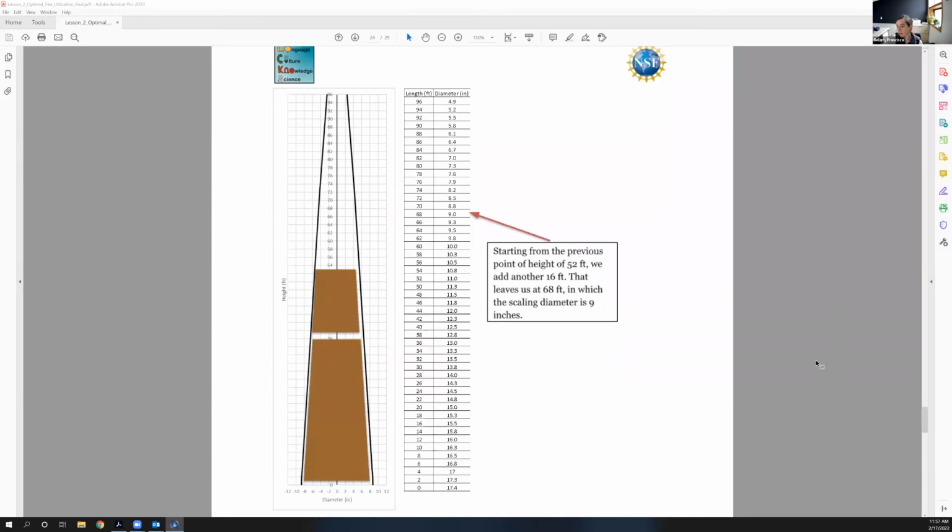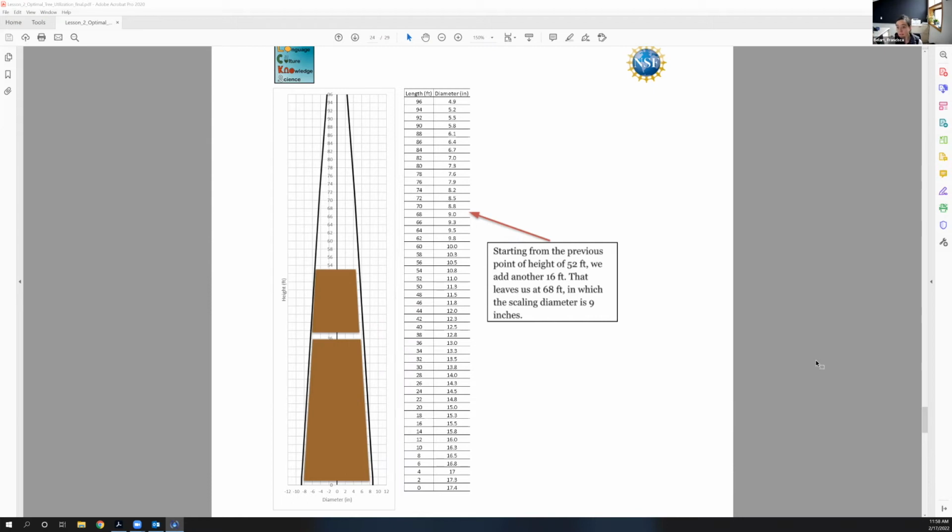So now we have two logs, right? So can we try a third log? In this case, it would have to be a small one, right? Because again, we are limited by the small end diameter. So by starting from the previous point of 52 feet, then we add 16 more feet to add a third log.